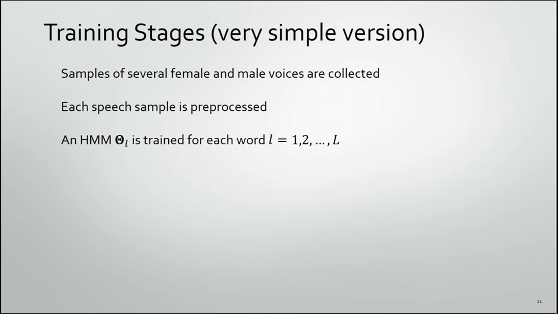And then an HMM is trained for each word, l equals 1 through L. So for each word, like yes is a word, we obtain an HMM for the word yes. And so we do the same thing for every English word. Now that's obviously not a very good idea for a general purpose application, but for instance, if the words are simply the numbers 1 through 10, then it's easy to do.